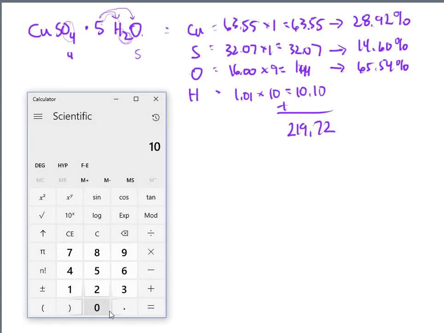And finally, 10.10 divided by 219.72. It should be little bitty because that 10.10 ain't contributing a lot. And it looks like it's going to come out to be a 4.60% rounded off.